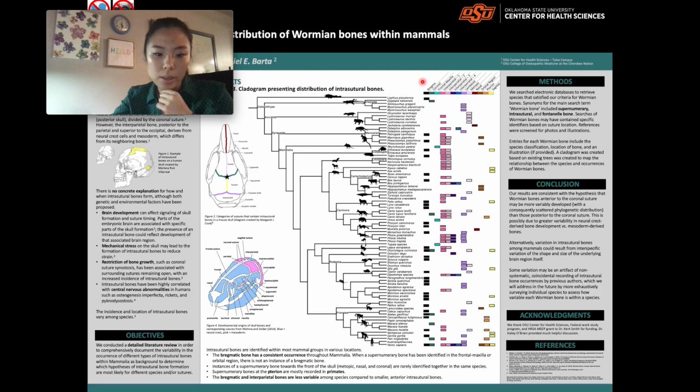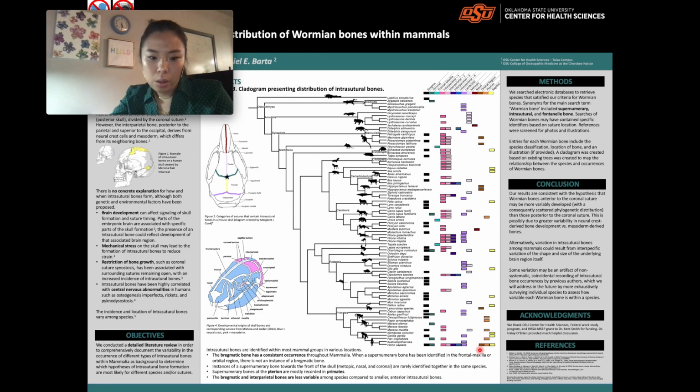Moving on to the results, the bregmatic bone, the black right here, has shown a consistent occurrence throughout mammals. When the bregma bone has been identified, there haven't been many incidents of the frontal maxilla, the light blue, or any Wormian bones in the orbital regions found within the same species.